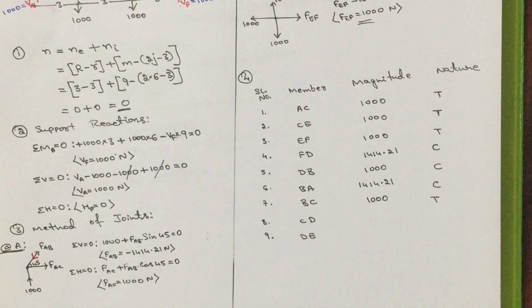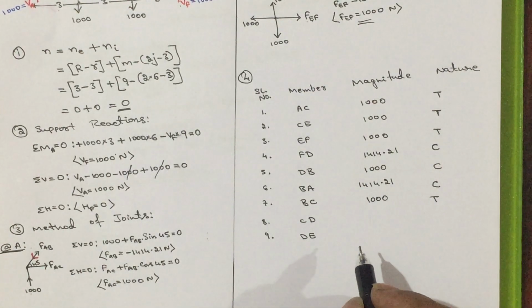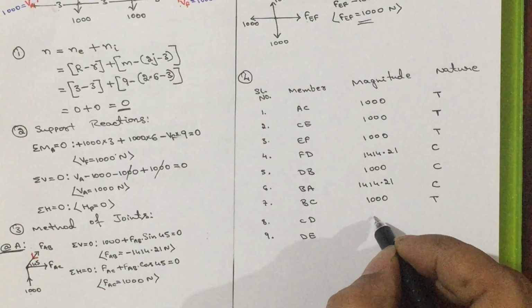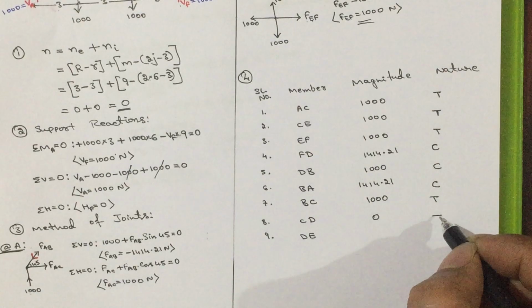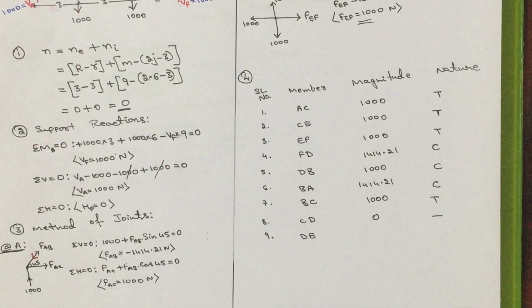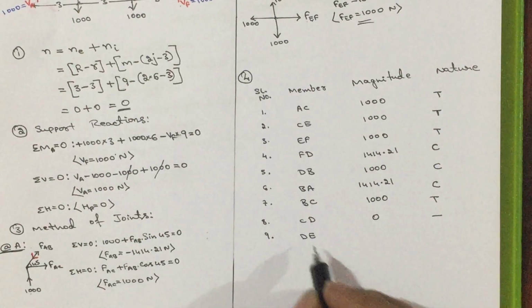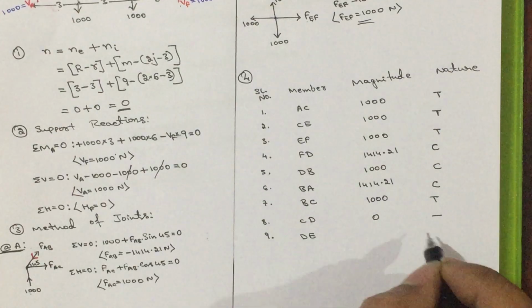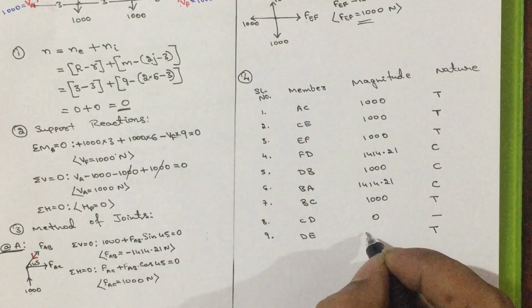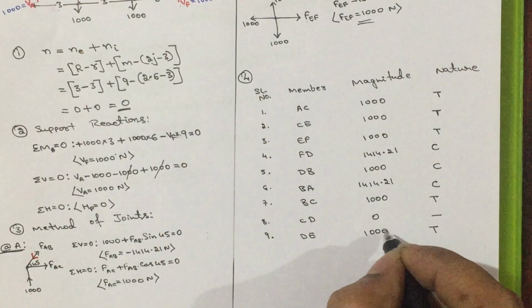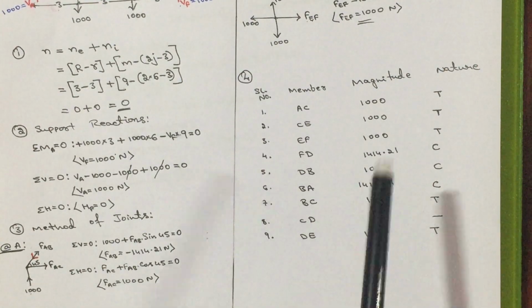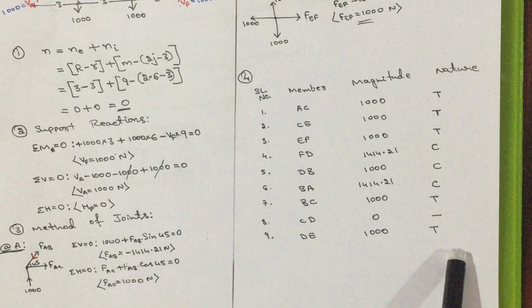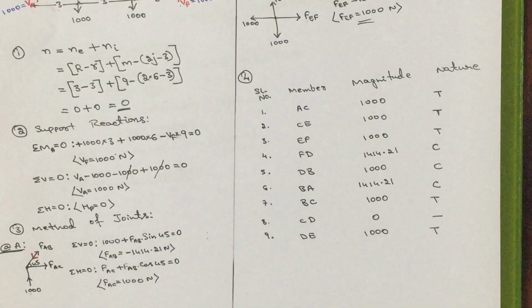Then CD we got it as 0, so nothing but it is neither subjected to tension nor compression because there is no force at all, no stress at all. Then DE we got it as plus 1000, that is nothing but tension and the value is 1000. So this is the table indicating the nature of the forces in the truss.